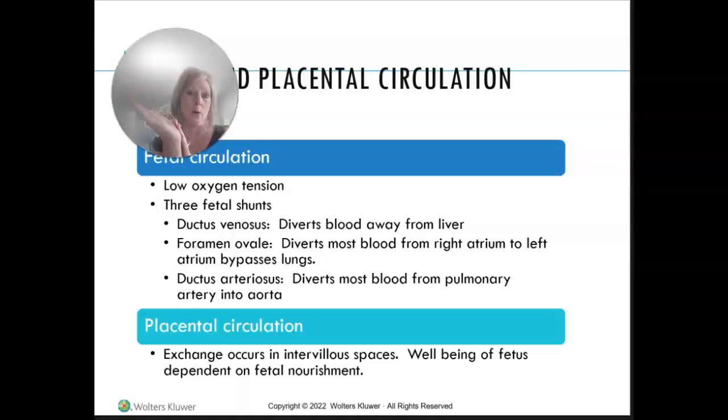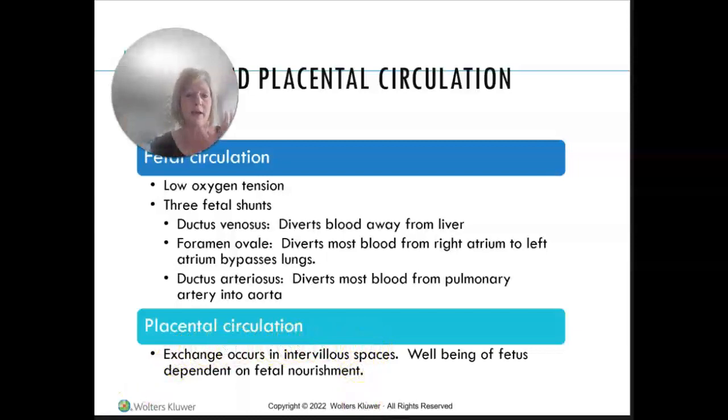We don't need that pulmonary artery right now. So we have this little ductus arteriosus that connects the pulmonary artery to the aorta. So the blood goes between the atria of the heart, plus when it pumps through the right ventricle to the pulmonary artery, it shoots through that little ductus arteriosus to our aorta and completely bypasses those lungs. And that's important to know, especially when babies take their first breath, which we'll get to a little bit later.